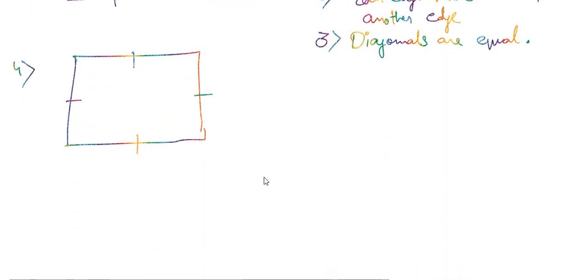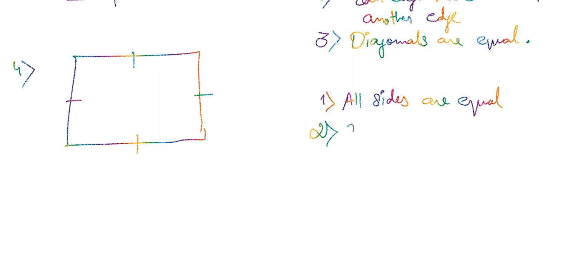So it is a square, so I can say that all sides are equal, as well as I can also say opposite sides are parallel. Basically, see, this side is parallel with this side, and this side with this side. So my opposite sides are equal.